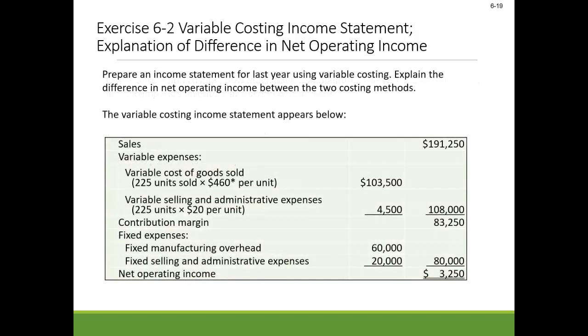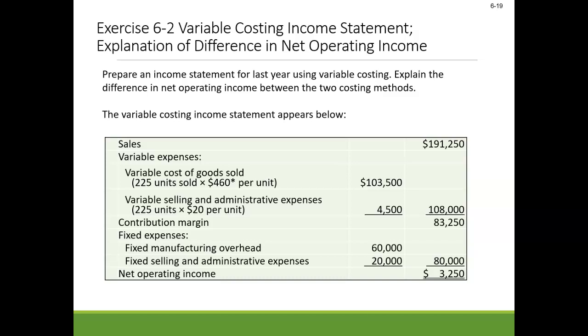Using an income statement for last year, using variable costing, explain the difference in net operating income between the two methods. Again, our sales are going to be the same, but under variable costing, our fixed manufacturing overhead is going to be written off as a period cost.